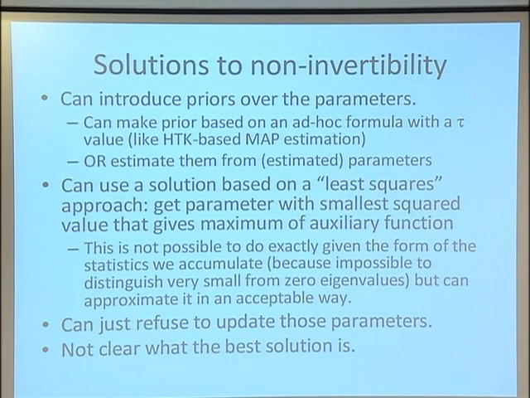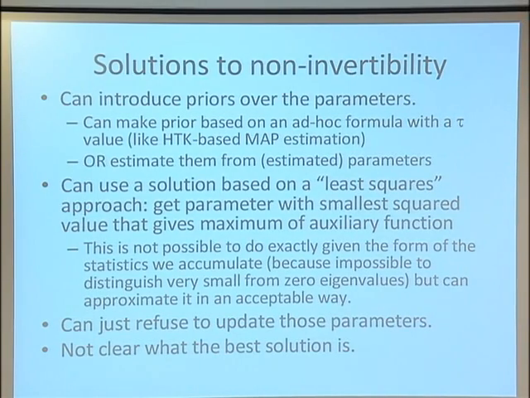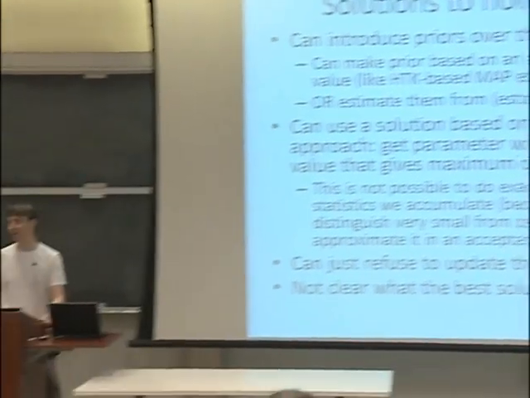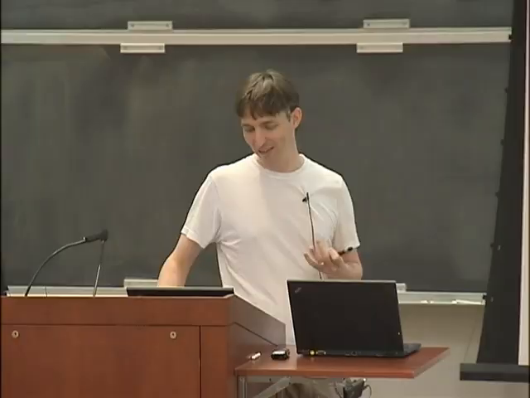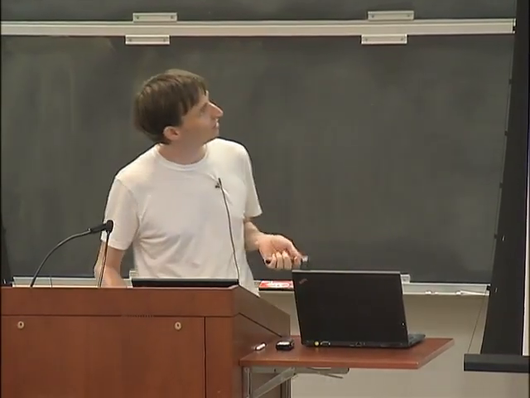Personally, I'm not attracted to that approach because I think what you'd really like to do is use a nice prior that's well estimated. I haven't had a lot of luck doing that, but in principle, I think that's the way to go. Anyway, this is an area for further research.